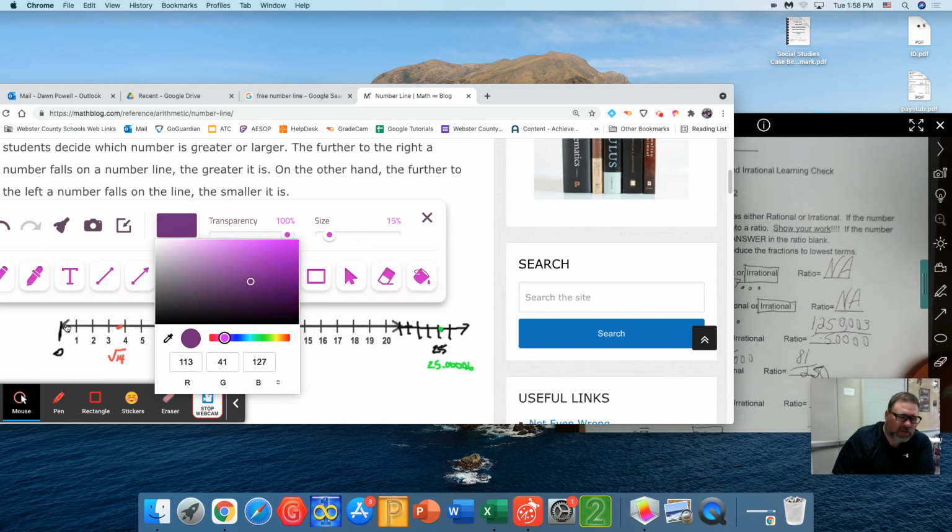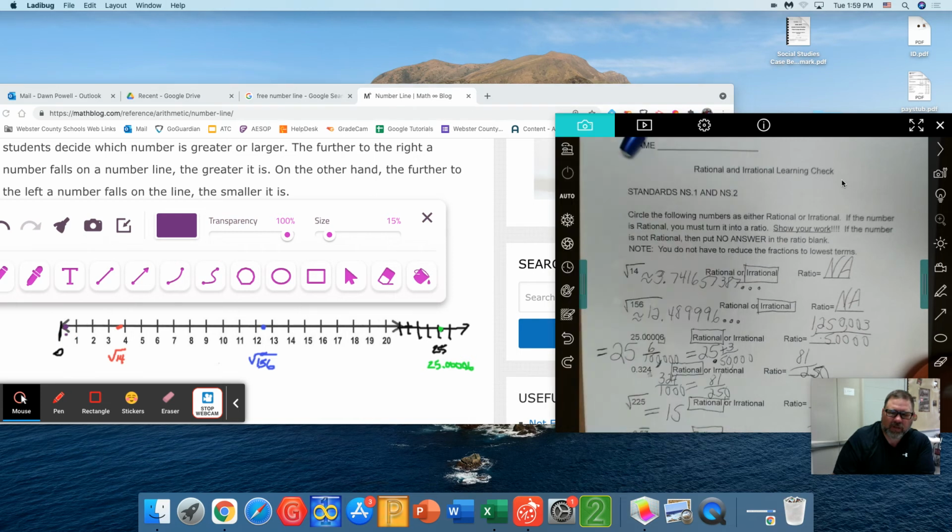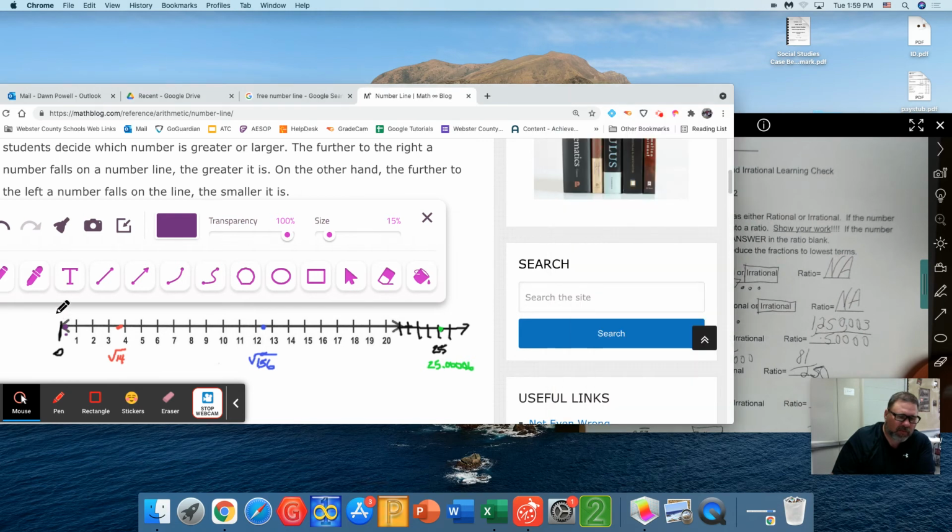And so maybe right in there, Miss Powell. Yep. I mean, I know that's just barely. And so we called that what? 0.324. I'm going to put it above here. 0.324.